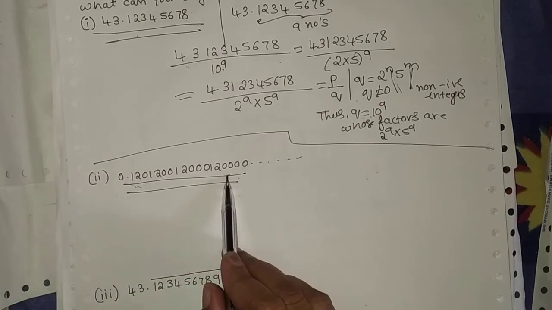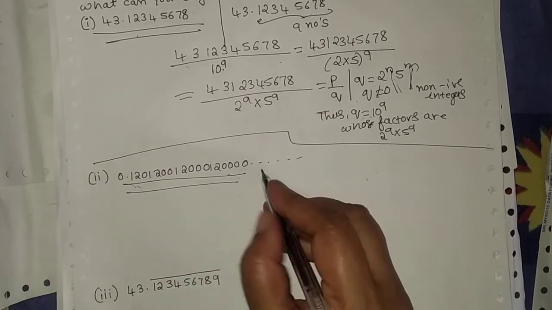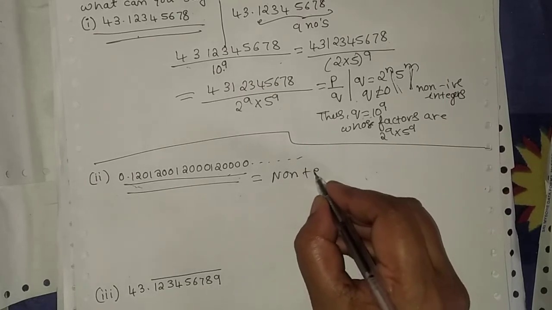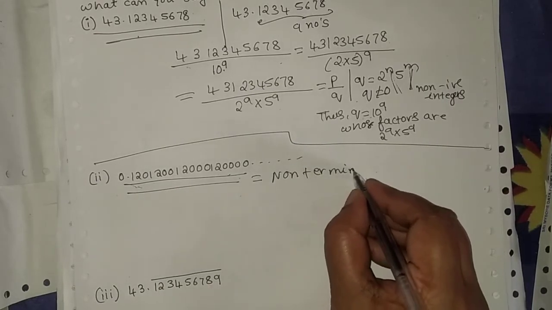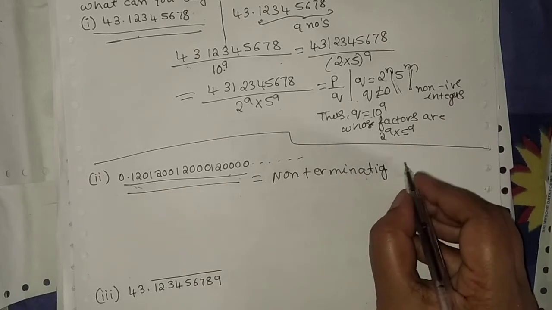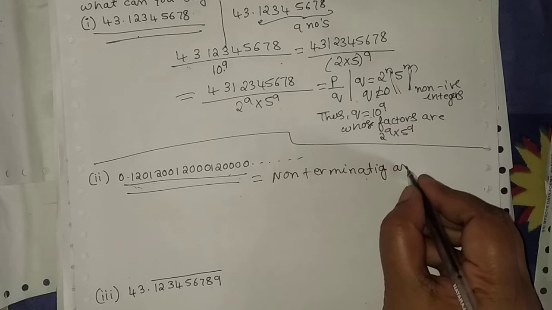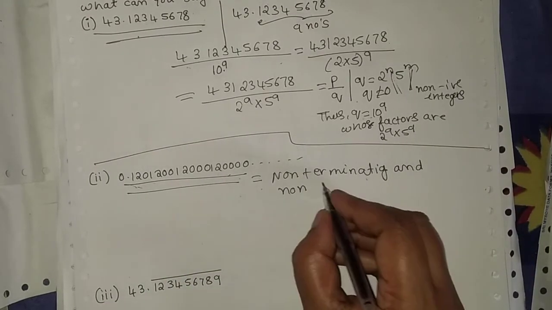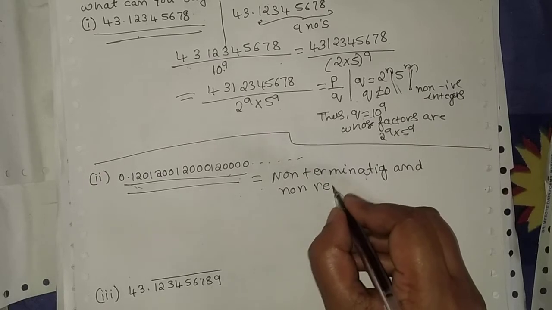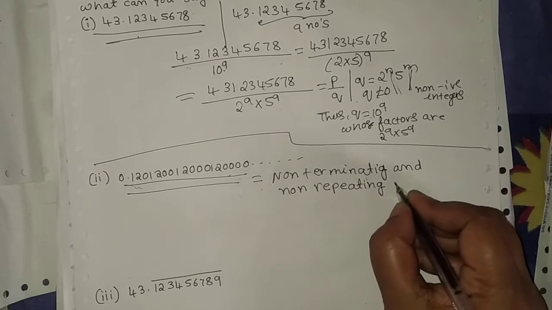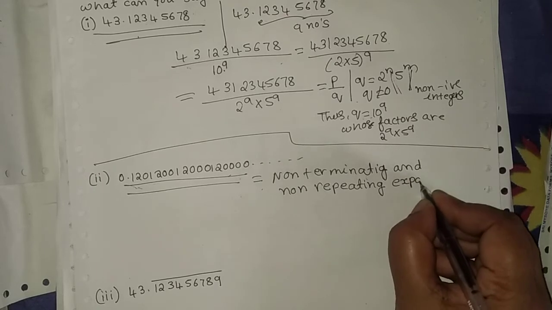The second one given is in this form. This number is a non-terminating, non-repeating decimal expansion.